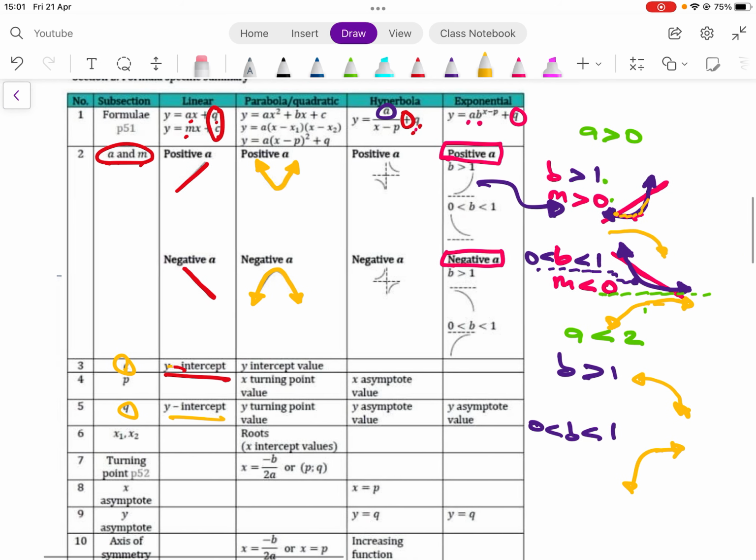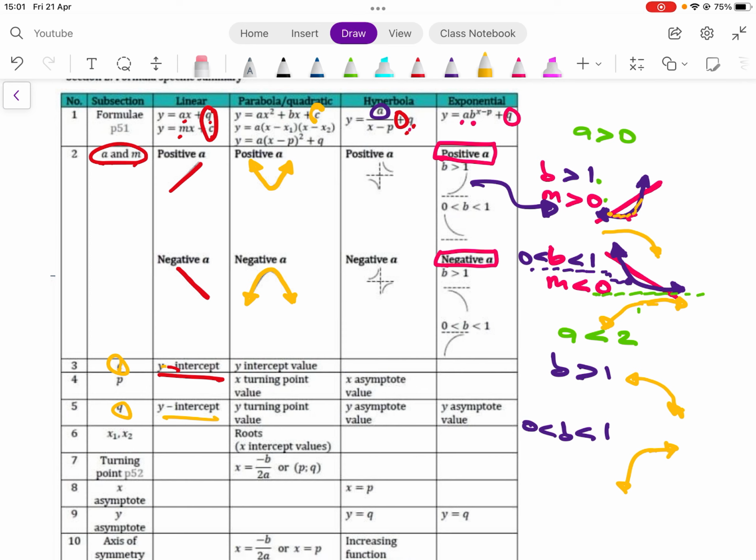You know that we have the C there, which is the y-intercept, and we have P and Q. P and Q are the coordinates of the turning point. So you just need to change their signs. Sometimes they write plus P there, so to get the turning point coordinates you're going to put minus P and Q. If they wrote plus P, you just change the sign of that P. But if they write minus P, you say P and Q are the coordinates of the turning point.